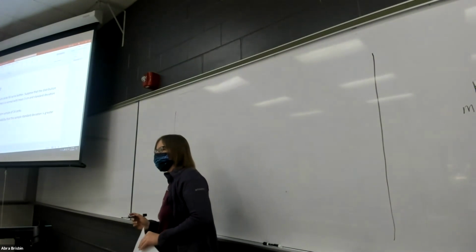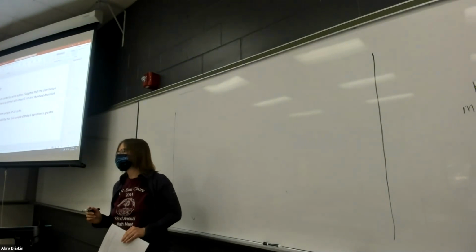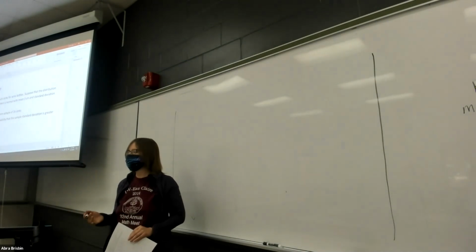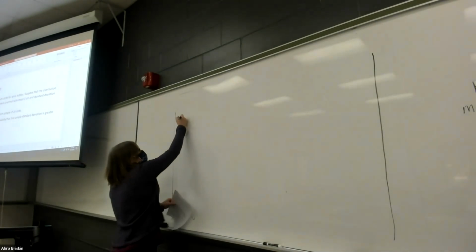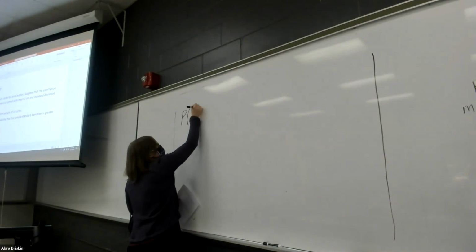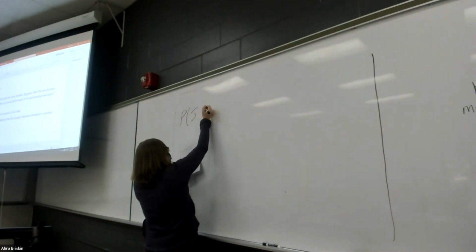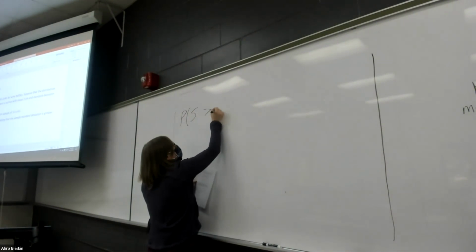All right, what probability are we trying to find here? Okay, the standard deviation is greater than 0.04. Great. So probability that the sample standard deviation S is greater than 0.04.